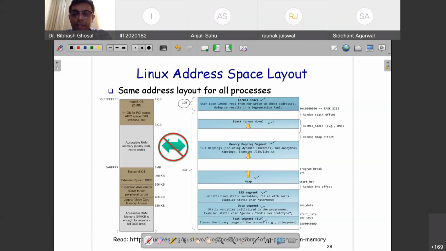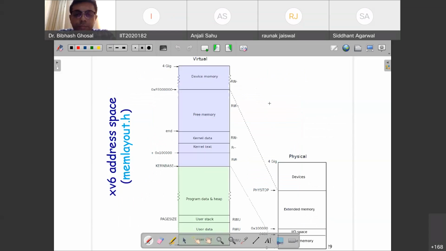Look how the mapping will happen. This is a view of the Xv6 address space. It's again very similar, as you see. On the left hand side is the virtual address space. The portion highlighted in blue has the free memory, which is to be used by the users in the user space.